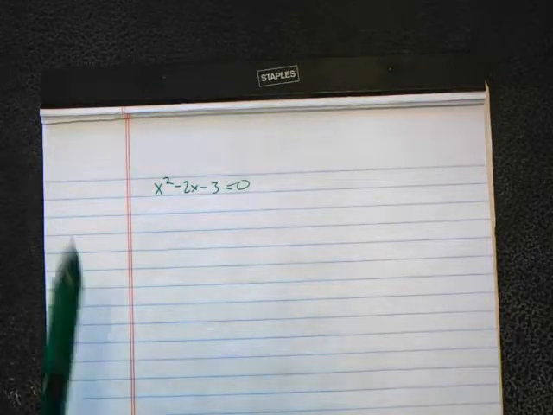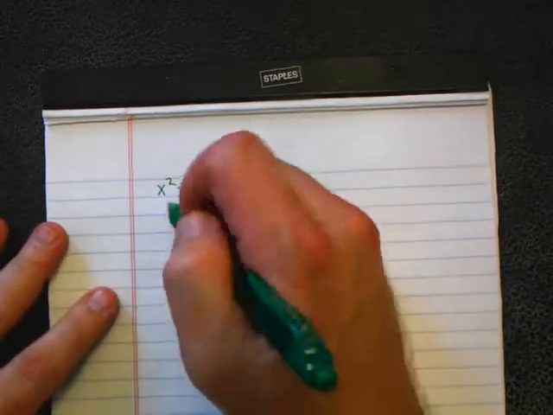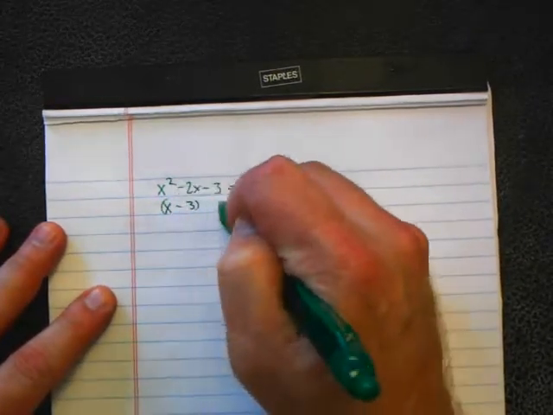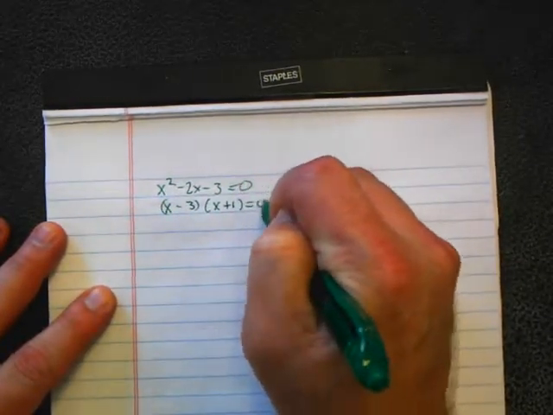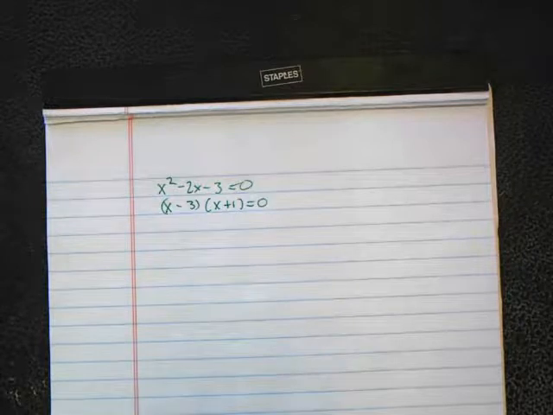Guessing wouldn't be a bad way to solve that one, actually. The best way to solve that one is to factor. If this first number is the number 1, factoring's pretty easy. This one factors as x minus 3, x plus 1 equals 0. When you can factor, factoring is usually the best way because it's usually the fastest and most efficient way.